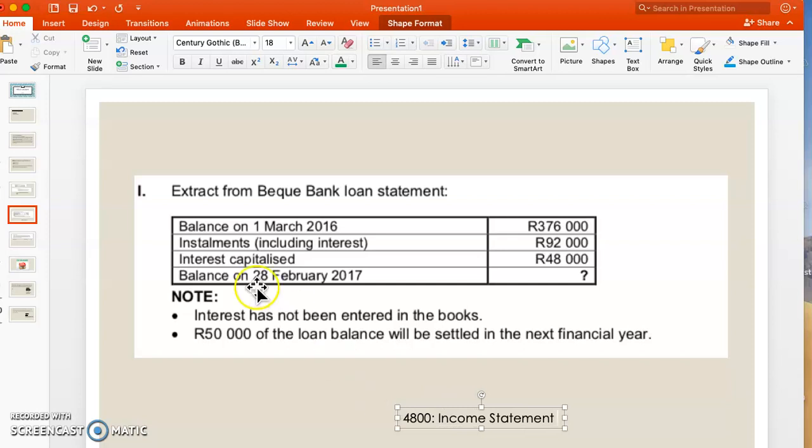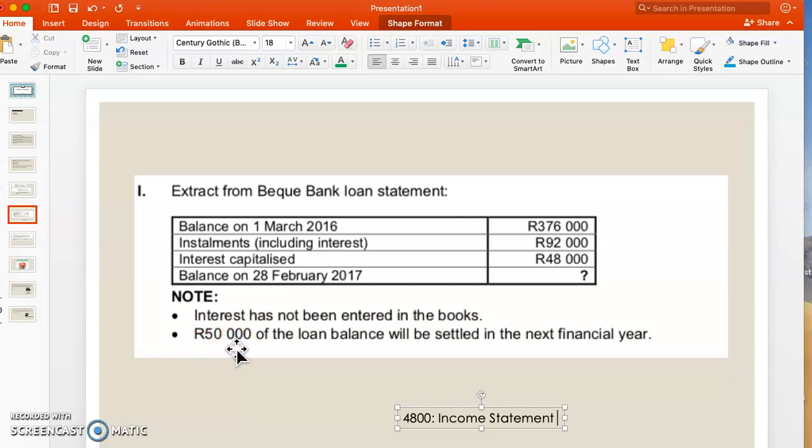And then they give you the balance, the installments, or the repayments, capitalized, and they want the closing balance. They're telling you that 50,000 Rand will be settled in the next financial year. They are asking you all of this for the balance sheet, which once again we are doing next week. 50,000 Rand is called the current portion of the loan.